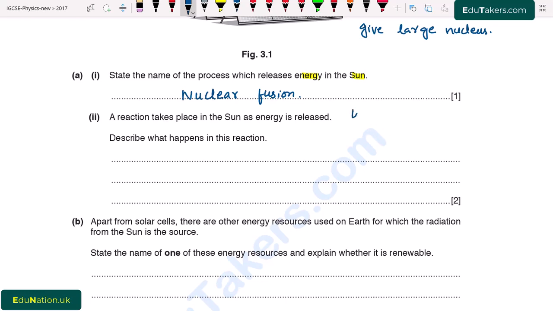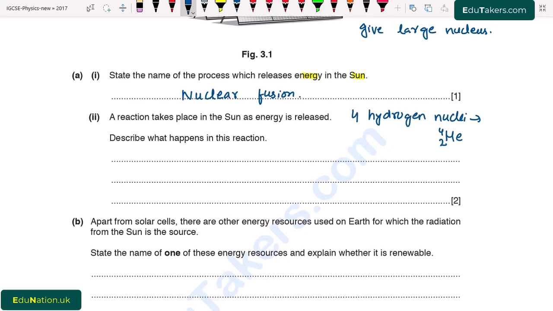So it gives helium nucleus, that is helium 4 and 2. During this process, some amount of energy is released from the sun.